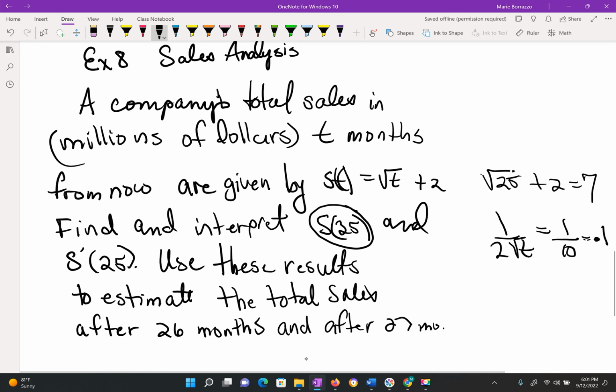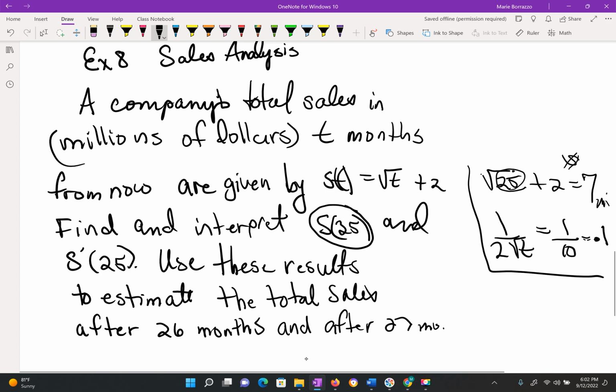So 25 months from now, the total sales will be 7 million and will be increasing at the rate of 0.1 million, which is 100,000 per month. That's what this means. Let me say it again. So 25 months from now, the total sales will be 7 million, because that's what this represents, 7 mil.